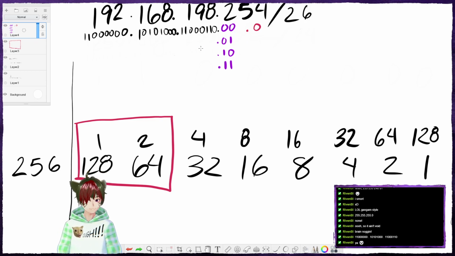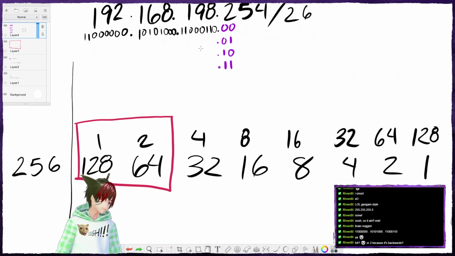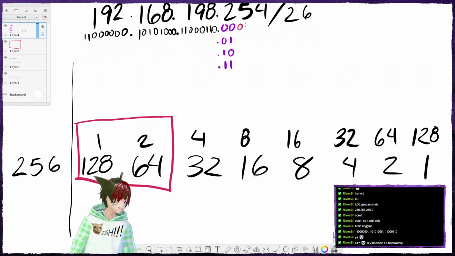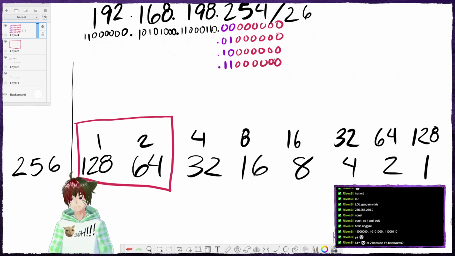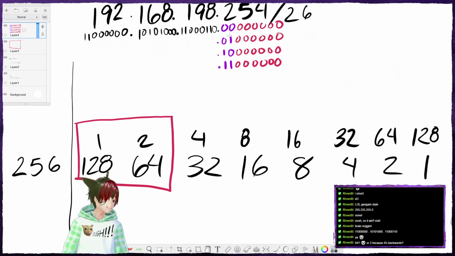Before I go any further, this is like 0, 0, 0, 0, 0, 0, and so on. You had it right the first time, it's 64, because this is in the 64 position.